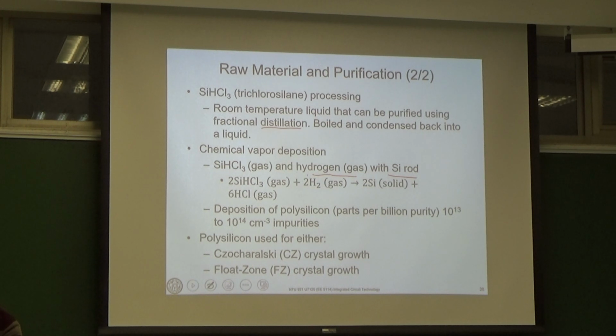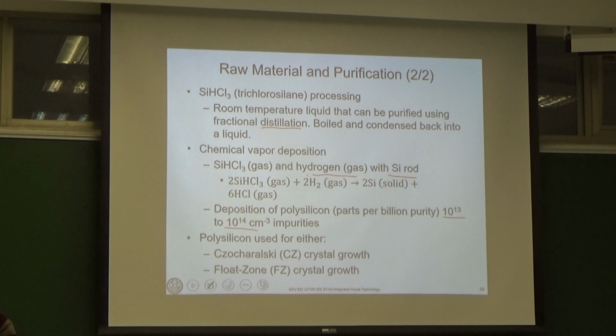And this polysilicon still has like 10 to the 13 or 14 impurities. This process we call the Siemens process. Of course, it was invented by Siemens, the company.